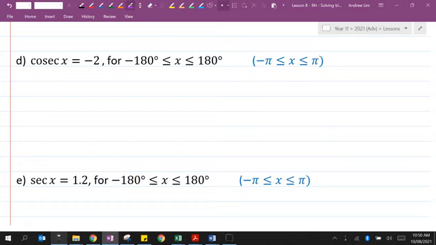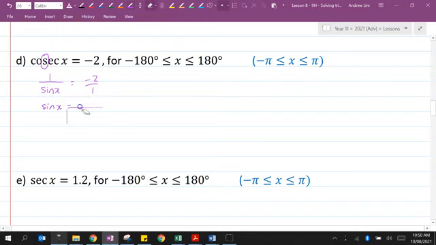Cosecant x is equal to negative 2. Now that tells us, the third letter, that is 1 over sine x. 1 over sine x is equal to negative 2, or negative 2 over 1 if you want. So what I'm going to do is flip both sides. Sine x is equal to negative half instead.